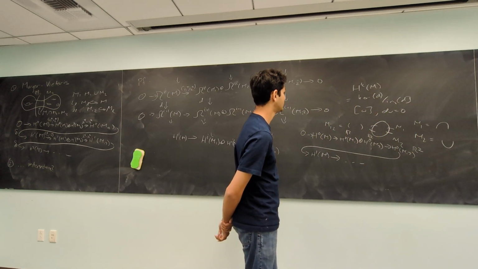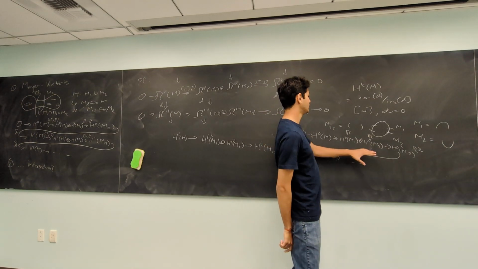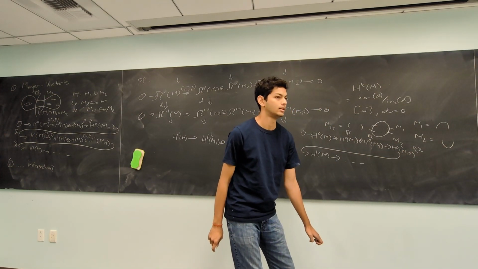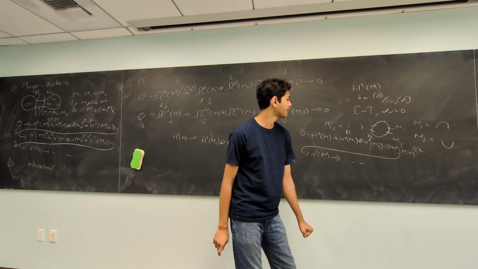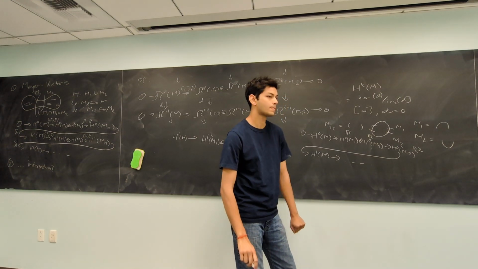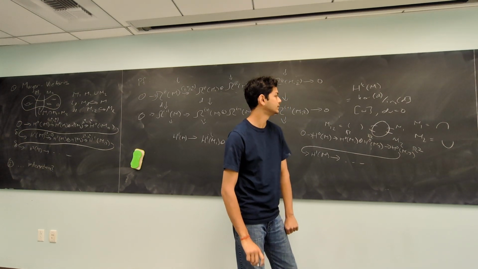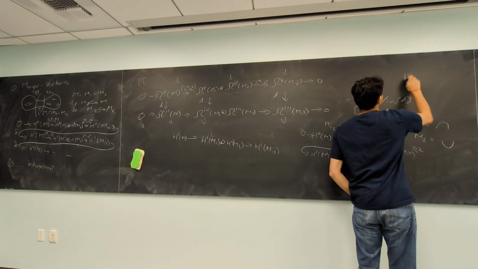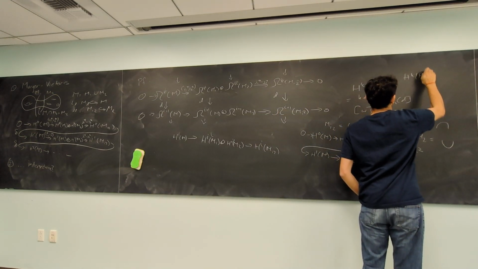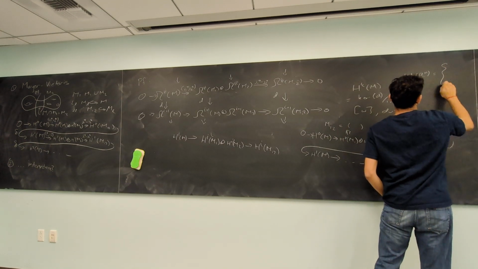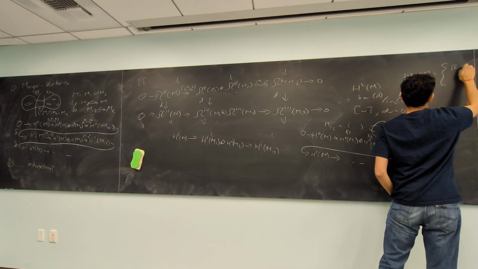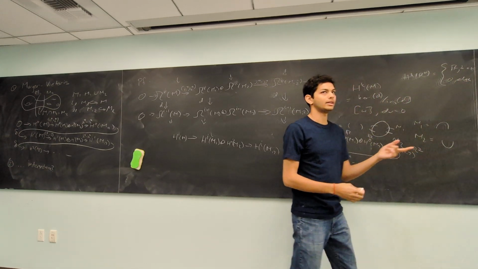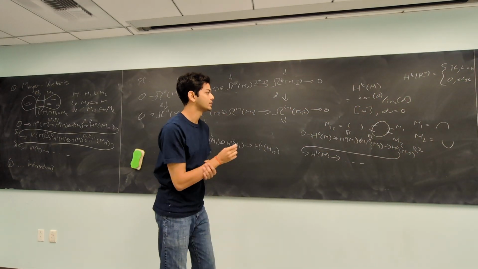Now, are there any other things in this column or this column that will be non-zero? I don't think so. It's because of a theorem that I haven't stated yet, which is that H^k of R^n is equal to R if k equals 0 and 0 otherwise. So there's one connected component, there are no holes. Makes sense.